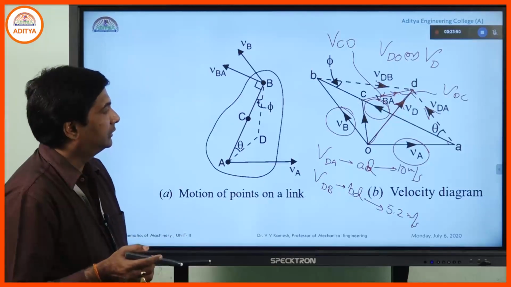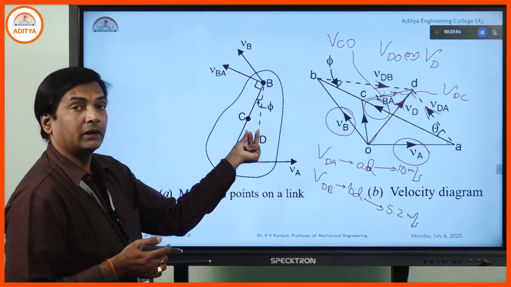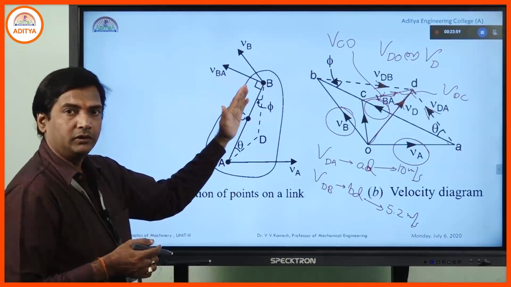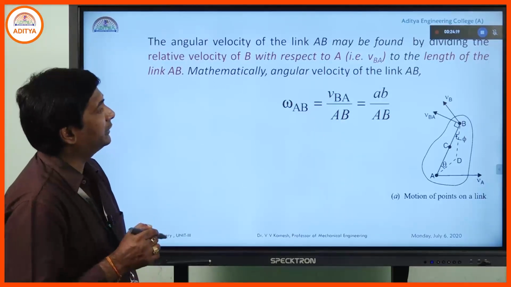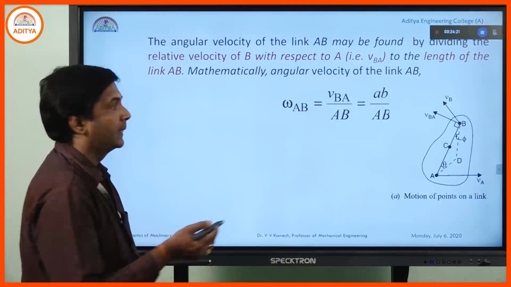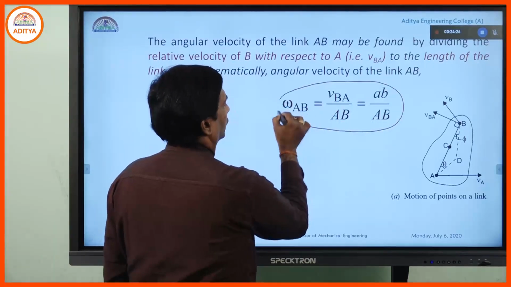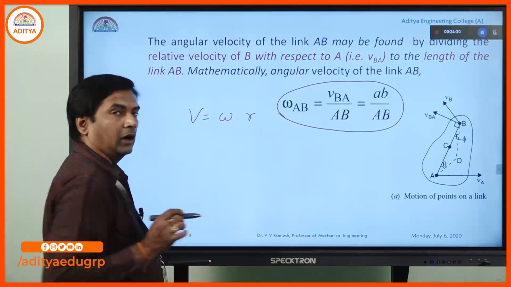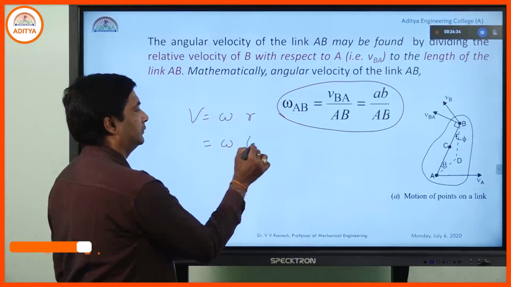So by this, the velocity of any intermediate point, or any offset point at a distance outside of the link, can be known very easily. Now, how to find the angular velocity of the link? We know velocity is equal to omega into r, where r means the length of the link.